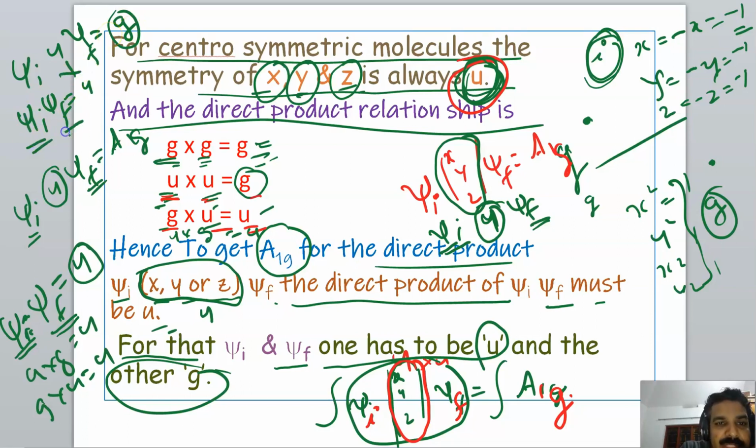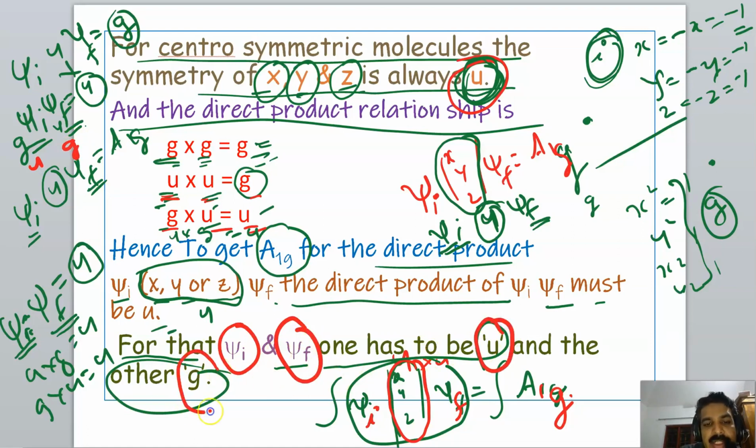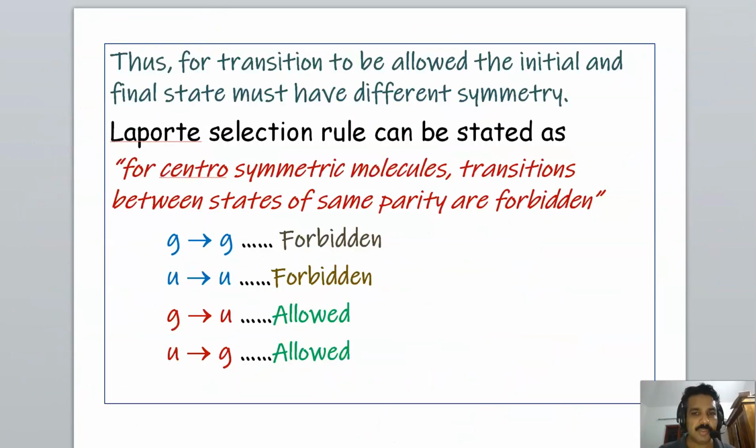And to get psi I into psi F equal to u, psi I and psi F should have different symmetry: one of them should be g and the other u, or one should be u and the other g. Then only u into g or g into u is equal to u, and u into u is equal to g. Can you follow me? That is, the initial state and final state should have opposite symmetry. If psi I is g, then psi F should be u.